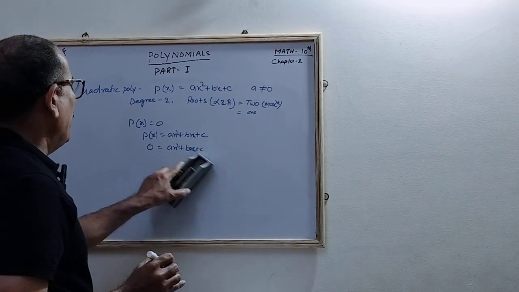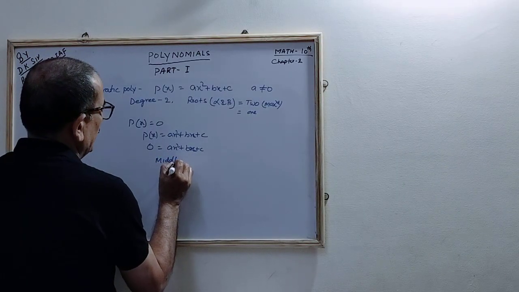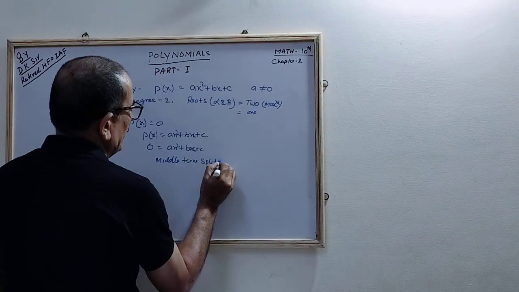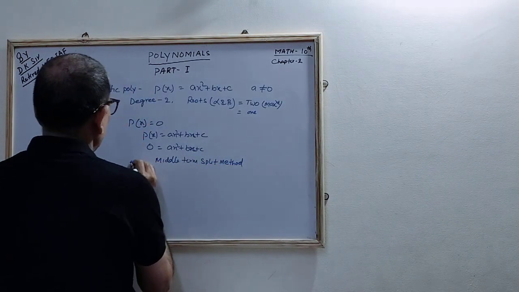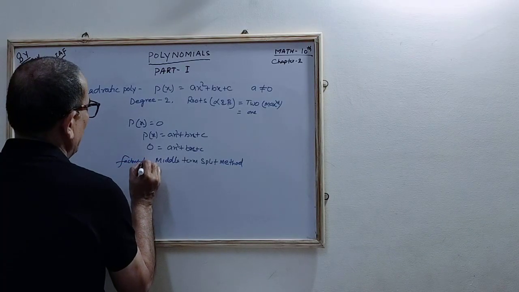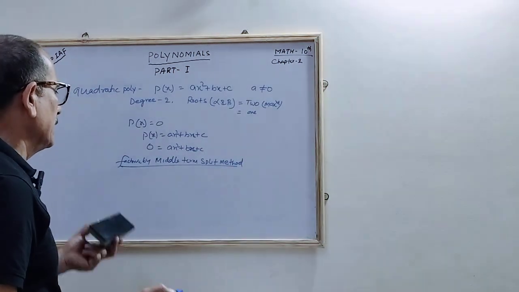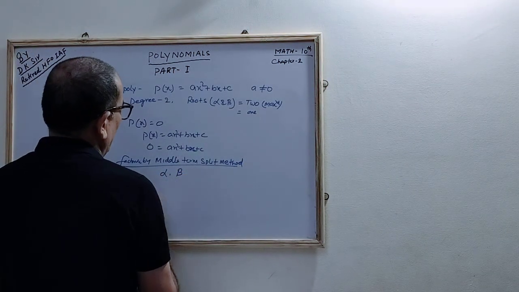As you know, by doing the middle term split method, we can factorize, and by factorizing with middle term split, we can find the value of x. So alpha and beta you can find out, correct?